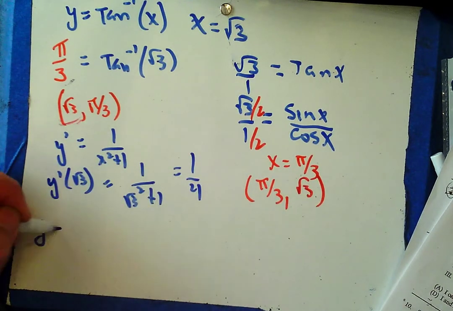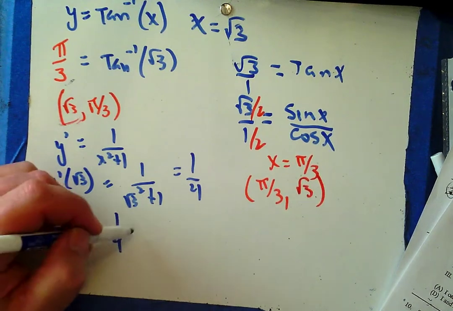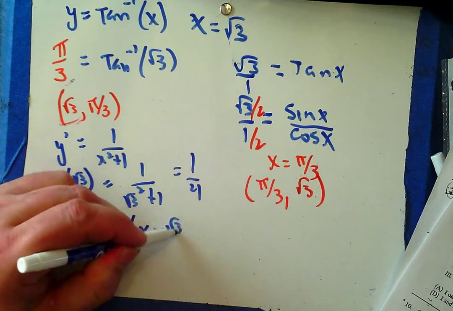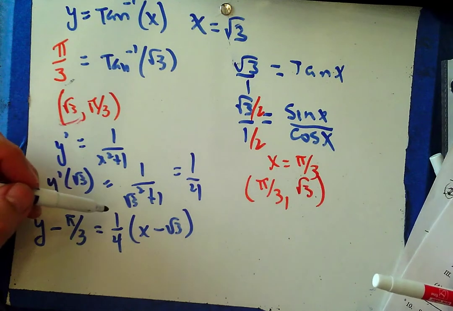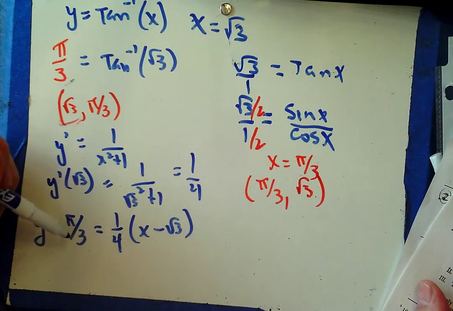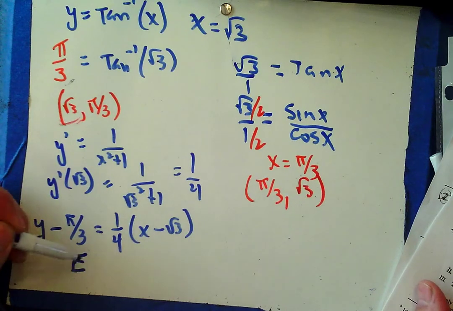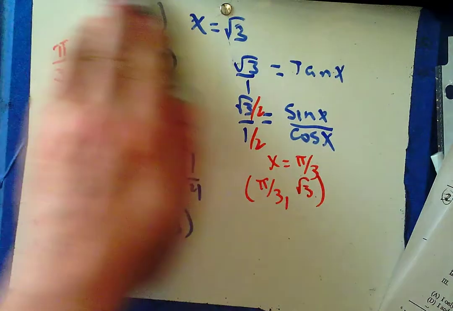So then y minus pi over 3 equals 1/4 times x minus root 3. That looks like choice E. Okay, E for number 8.